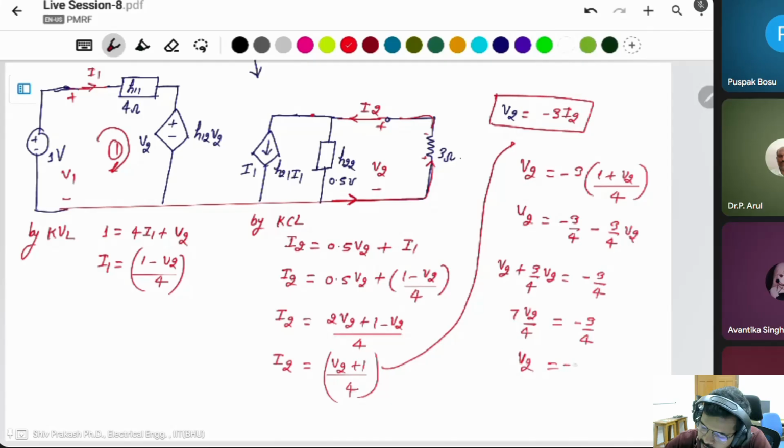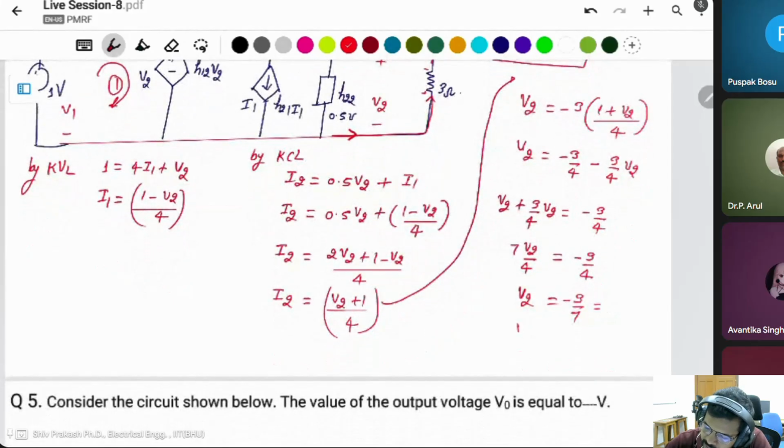V2 is equal to minus 3 by 7. It will be minus 0.428 volt.